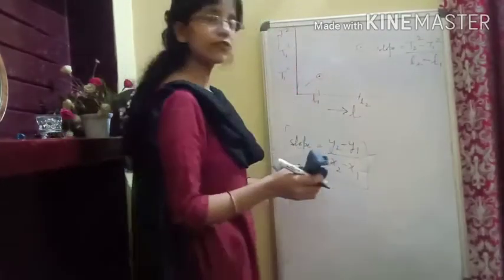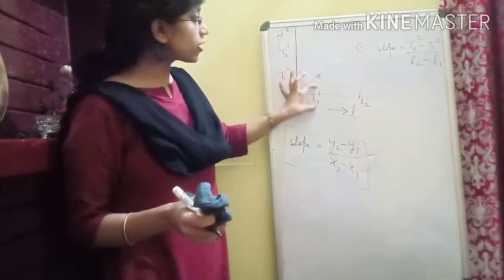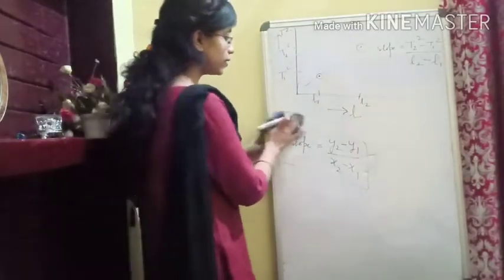So using this formula we have put in the values of y1, y2, x1, x2, and this is what our slope is coming. Is it clear?